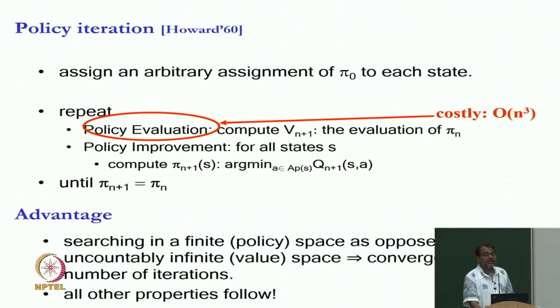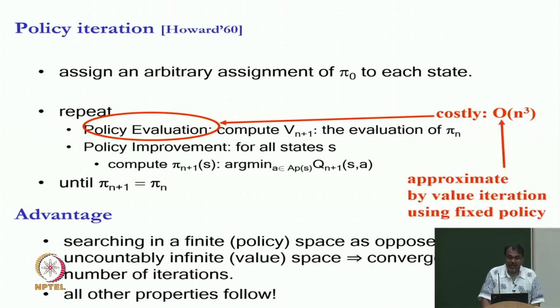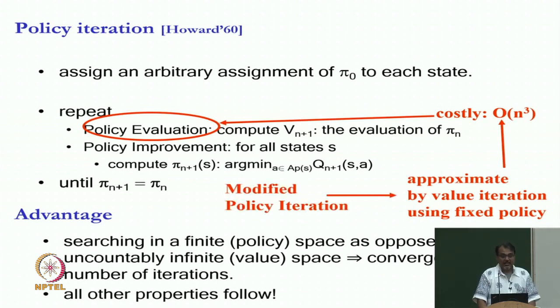Because this is costly, I could also approximate it. Now, why is it costly? Because I have to solve the system of linear equations, that takes order s cube time, but I do not have to fully solve it and then change the policy. Well, I can approximately solve it and then change the policy, and then approximately solve it again and change the policy, and just approximate the policy evaluation step. When I approximate this, it is called modified policy iteration.